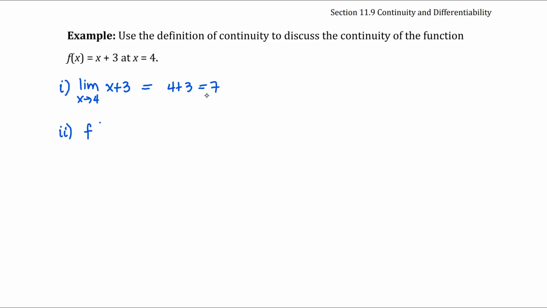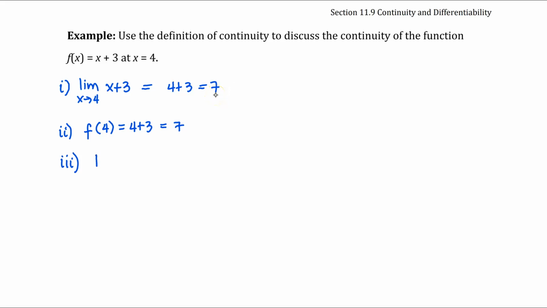Next, let's look at the second condition. Is the function defined at x equals 4? Let's plug in 4 to x here. We have 4 plus 3, which is also equal to 7. Now, the third condition is that these two here must be equal.